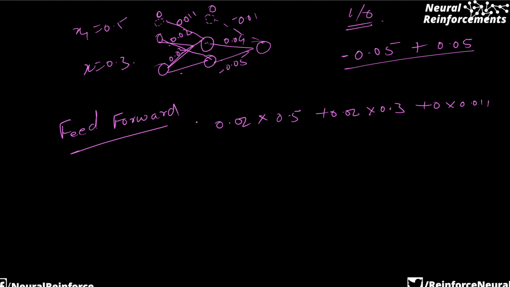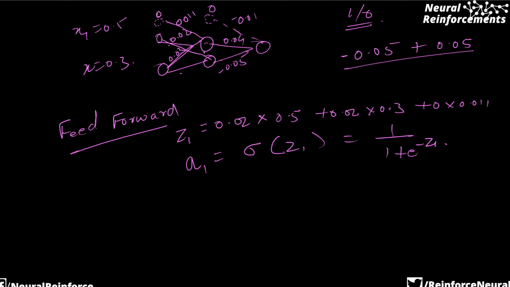So this was your, suppose Z11, or this hidden layer, first hidden layer, or let's call it 1 only because there's only one hidden layer. And then we compute the output of the first hidden layer, h1. Let's not call it output, that will confuse us, so let's call it a of 1 is equal to sigma of z1 is equal to 1 upon 1 plus e to the power minus z1.